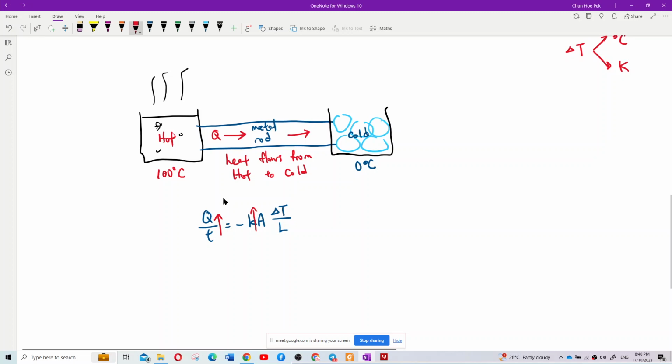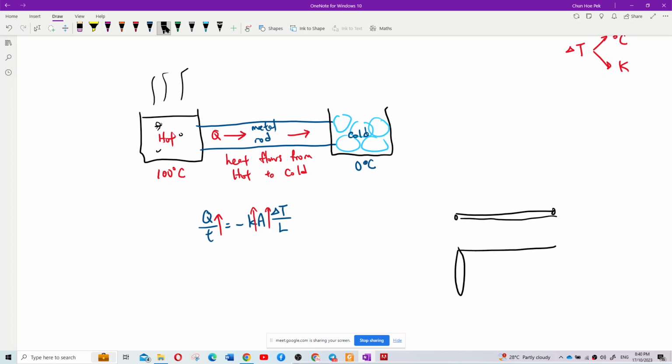Also, if you have a big cross-sectional area, there is also more heat flow. Understand or not? I want to ask you, class. Very simple. You have a thin rod compared to a rod with a large cross-sectional area, A1 and A2.